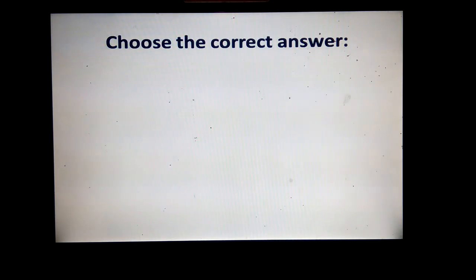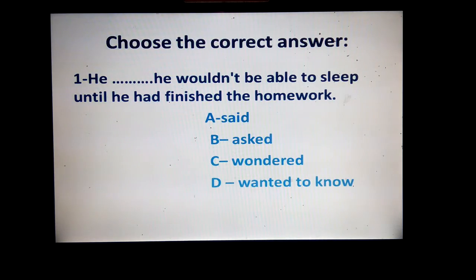Check your understanding with some questions. Choose the correct answer. He blank he wouldn't be able to sleep until he had finished the homework. Which one is the correct answer? Please think of an answer before the correct answer appears.